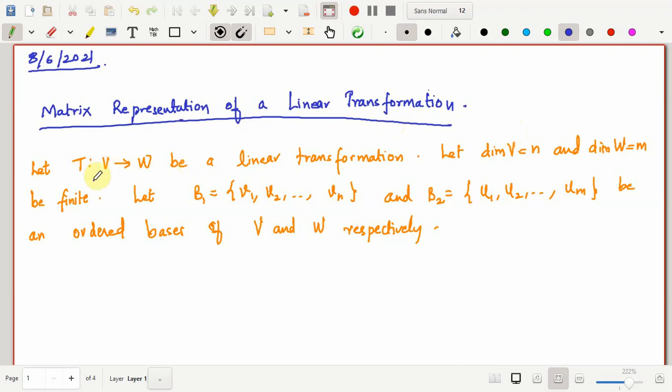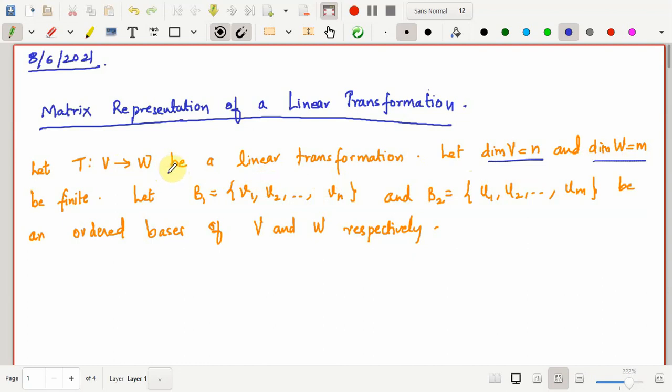Given a linear transformation from a vector space V to a vector space W, with the dimension of V and the dimension of W being finite, in this case I have taken the dimension of V as n and the dimension of W as m, and B1 consisting of the vectors v1, v2 till vn, and B2 consisting of the vectors u1, u2 till um are the bases of V and W respectively.